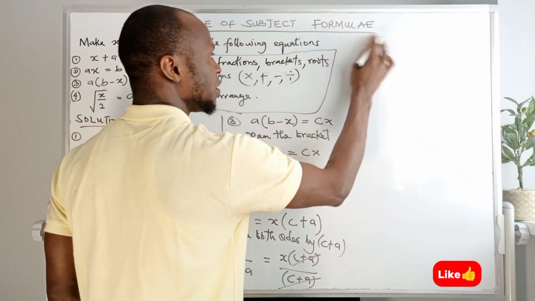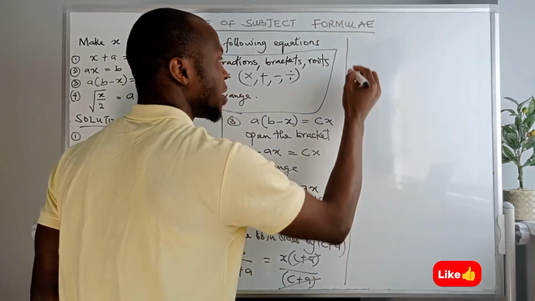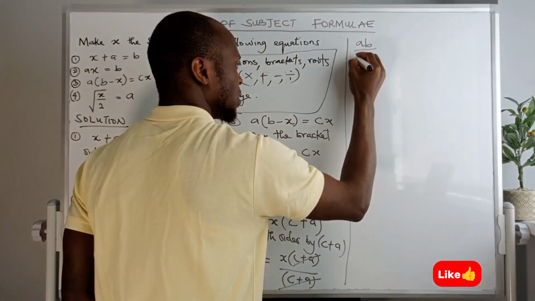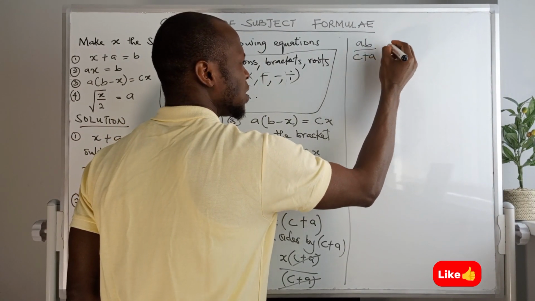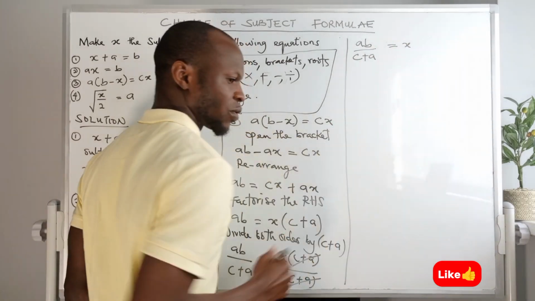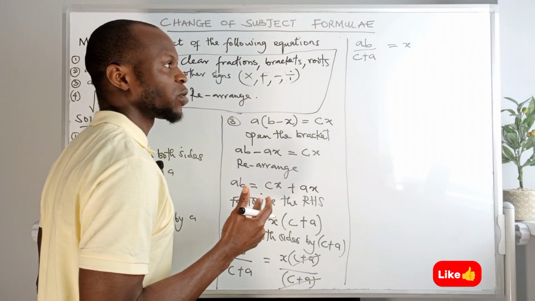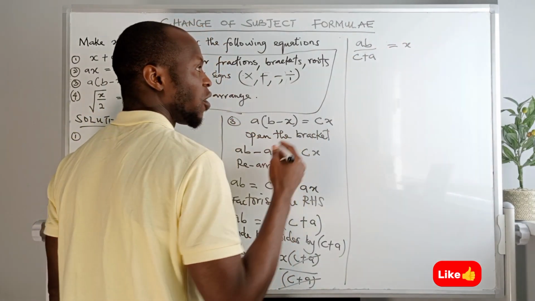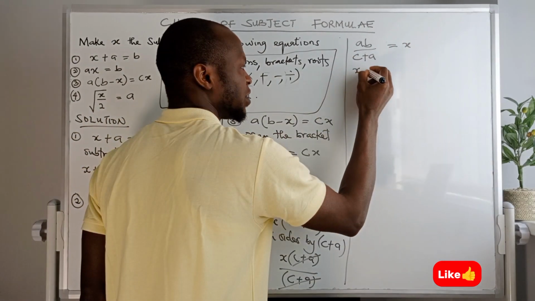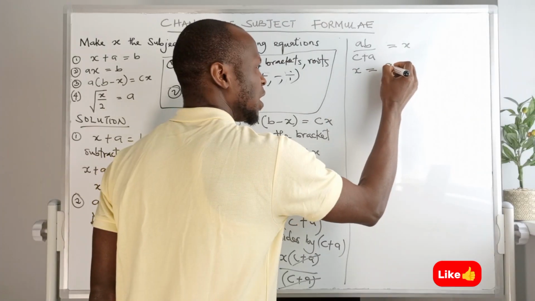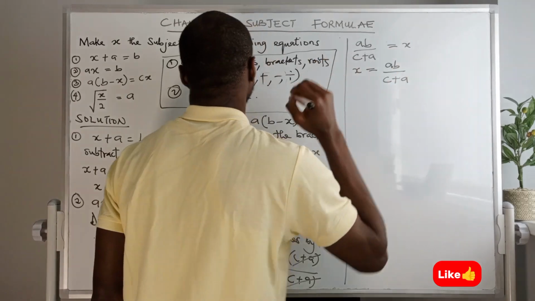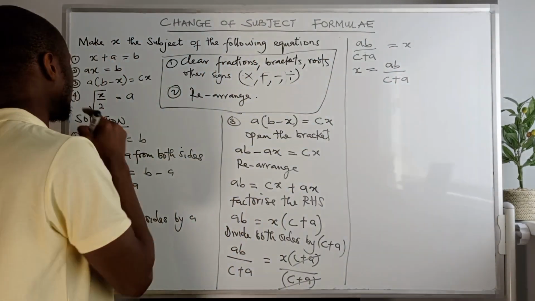So my ab divided by c plus a equals to x. Take note, when you're asked to make a subject of formula, let your subject be at the left hand side of the equation. So I can rearrange and say x equals to ab all divided by c plus a. Okay? Now let's go to the last example.